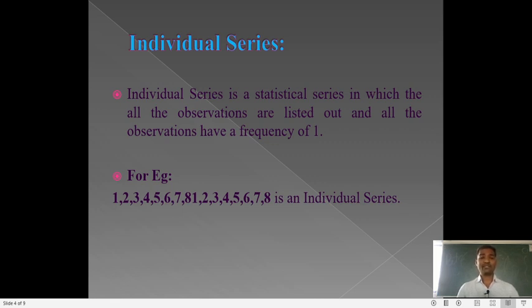In this type of data series, there are only a number of observations, and each observation has a frequency of 1. It is only one frequency, not repeated. That is called an individual data series. Okay, got it? Now we will go for the next type of data series.